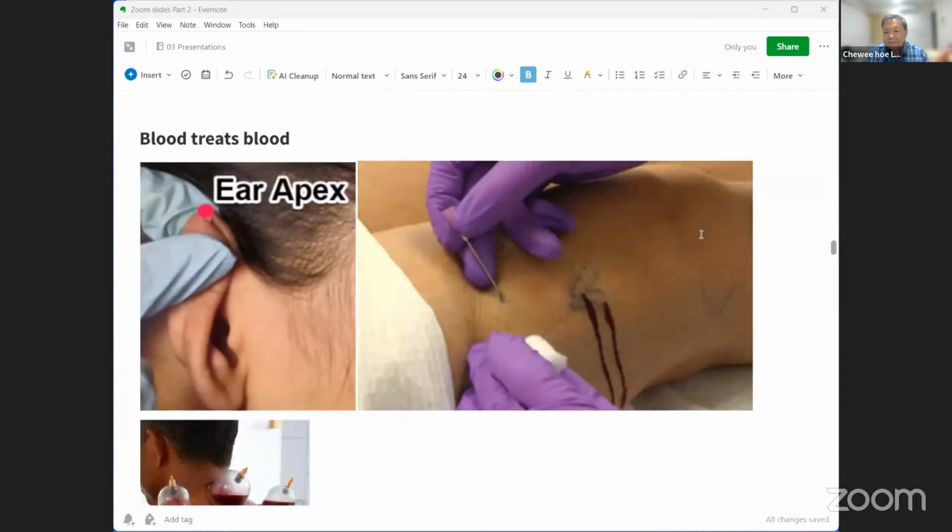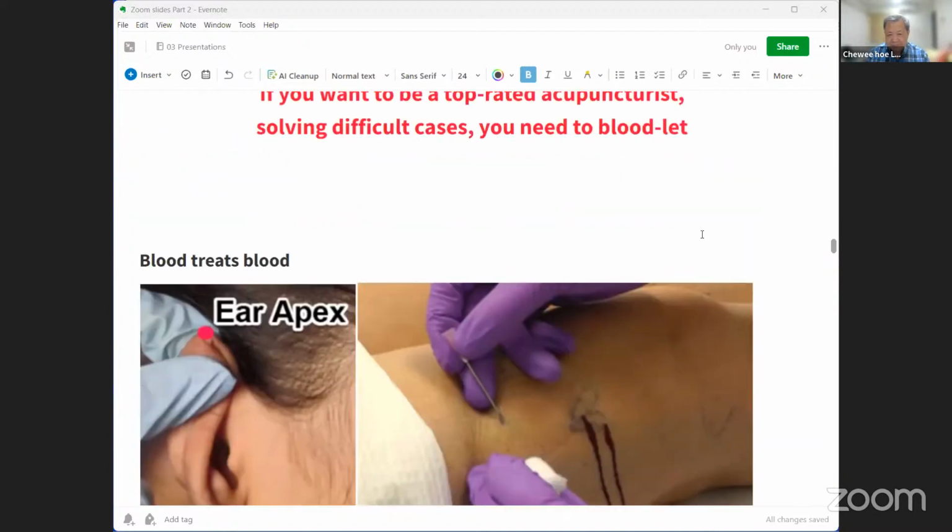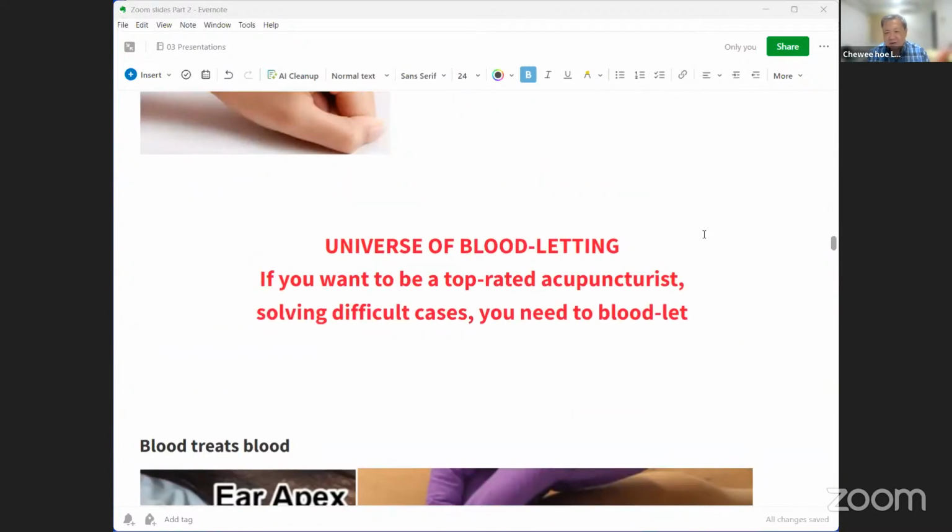So blood treats blood. In the Tung system, I do not use the word world of bloodletting. I use the word universe of bloodletting. Okay?